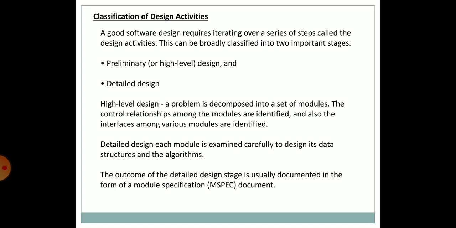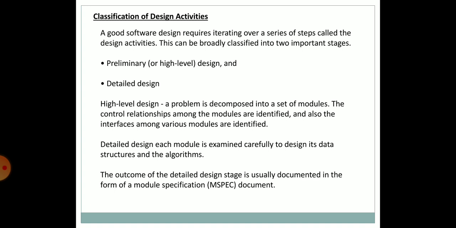The control relationships among the modules are identified, and also the interfaces among various modules are identified. So the high level design contains the job of decomposing the overall software to be developed into separate modules.